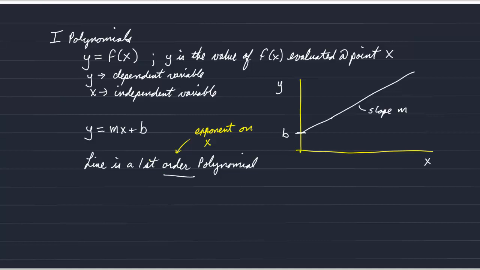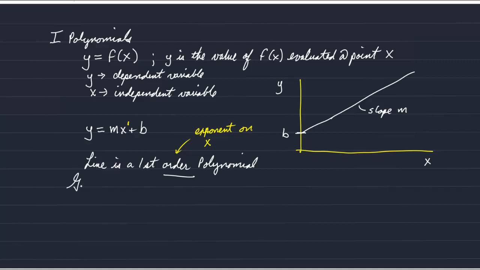So we have x raised to the first power, so this is a first order polynomial. And being a first order polynomial, this means that the function is proportional to x, and it increases linearly with it. Okay, so maybe I've sort of beaten that to death, but I do that because I'd like to relate this to a general polynomial.